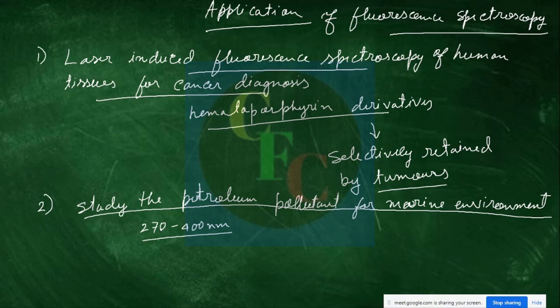So environmental controlling authorities can easily use a fluorometer to study these petroleum pollutants, because they emit in this region of 270 to 400 nanometer. Of course this is in the UV region, so you cannot see the color, but the phenomenon of fluorescence is still there, though it is in the UV region.